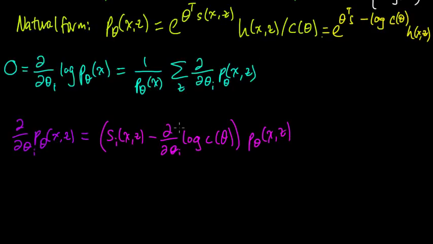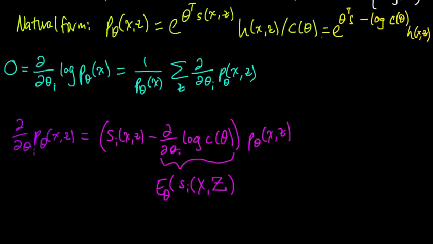And now, what is this? We still have to do this derivative of log of c of theta. The beautiful thing about exponential families, one of the many beautiful things, is that, if you go back and look at the videos that we did on exponential families, this equals the expected value under this parameter theta of the ith sufficient statistic.